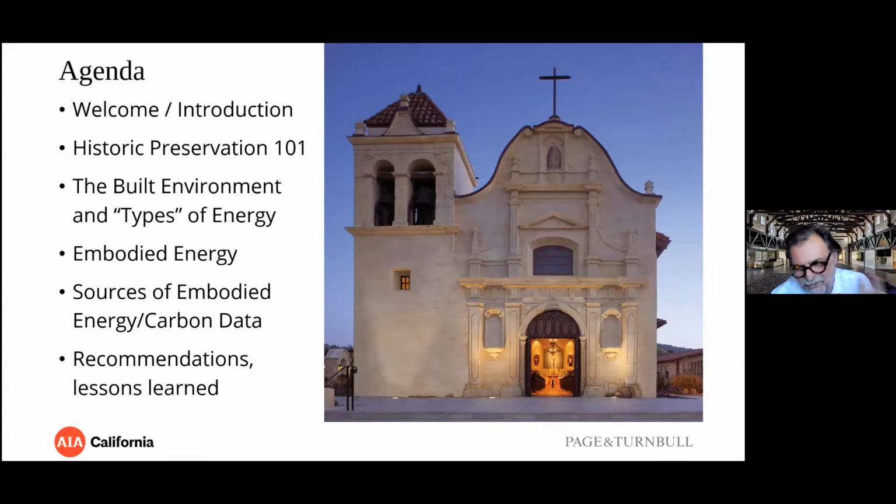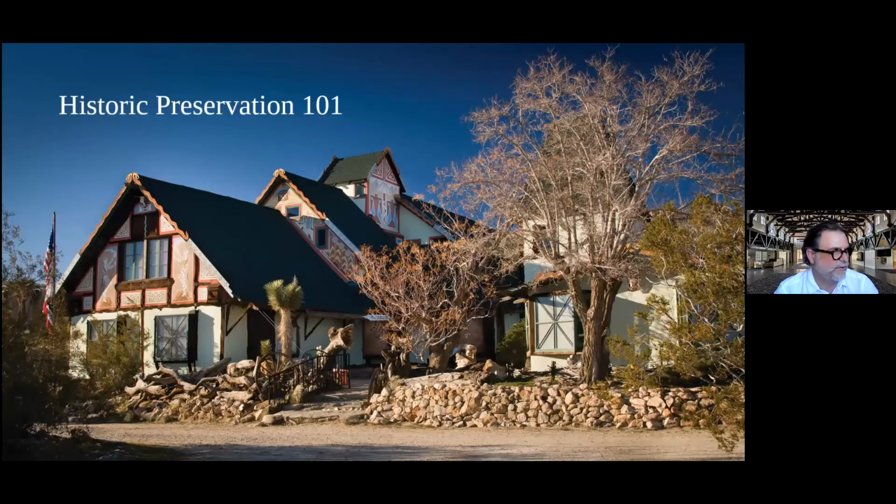I tend to think of it as embodied energy. I've been looking at embodied energy since at least 20 years, and I think that way, although I'm starting to get my mentality shifted to thinking more about carbon dioxide. So a quick briefing on historic preservation.